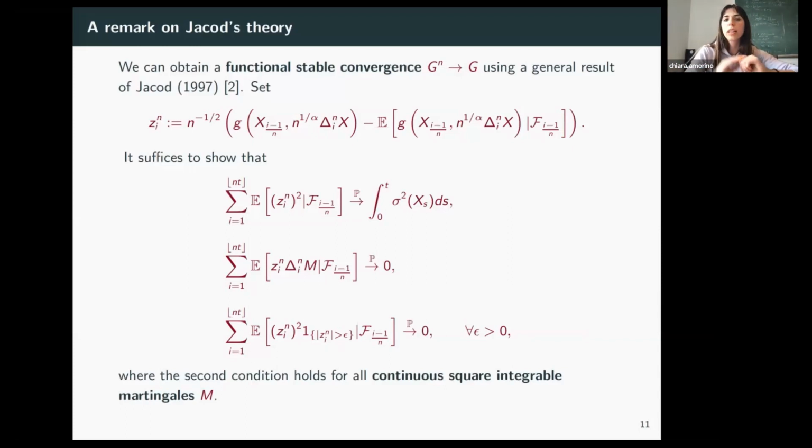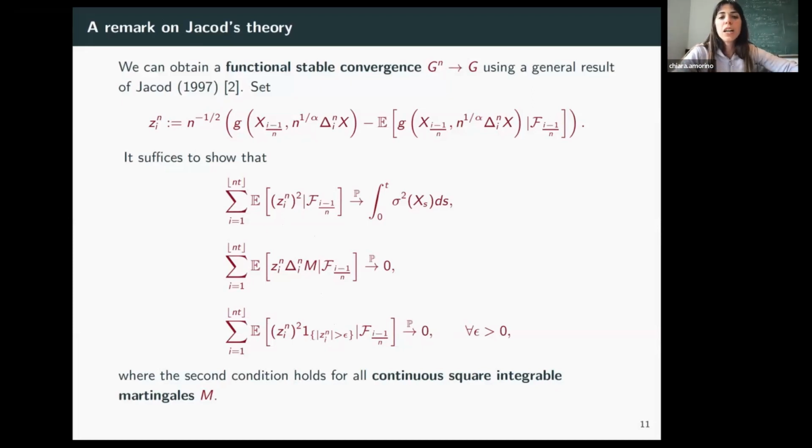Second, here the criterion is a bit different, in the sense that you have to check these three conditions. First, the square moments converge to the variance. Second, if you put your Z, the variable of interest, against any continuous martingale, it has to go to 0. The third says that the moments of order higher than 2 go to 0.